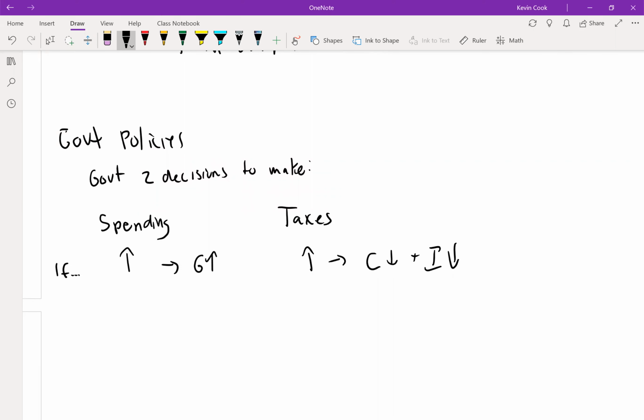Or if a business has to spend more in tax revenue, they're not going to invest as much in their business because more of it has to go towards taxes. Similarly, if the government cuts their spending, then the government expenditures decrease. And if we cut taxes, this leads to an increase in consumption or an increase in investment, whichever one the tax cut is on.